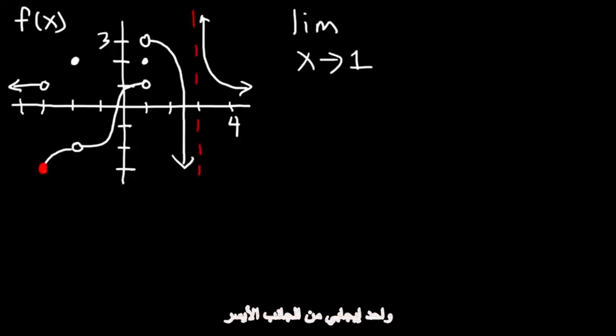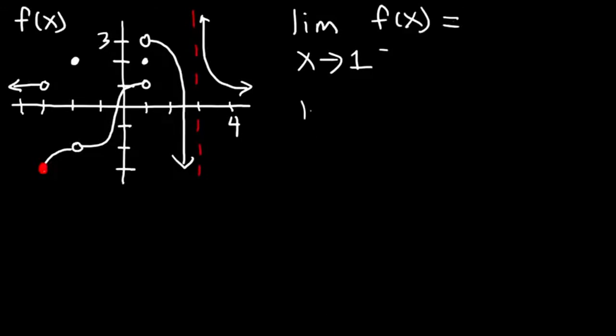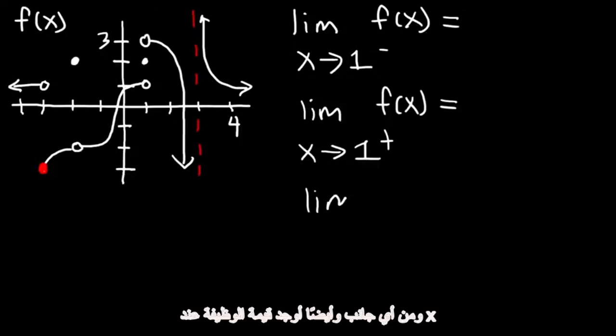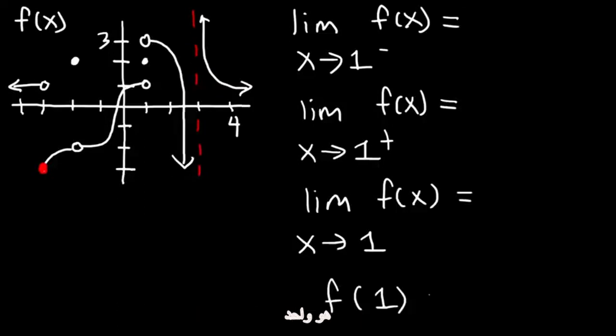Now let me give you a new set of problems. Evaluate the limit as x approaches positive 1 from the left side, from the right side, and from either side, and also find the function value when x is 1.